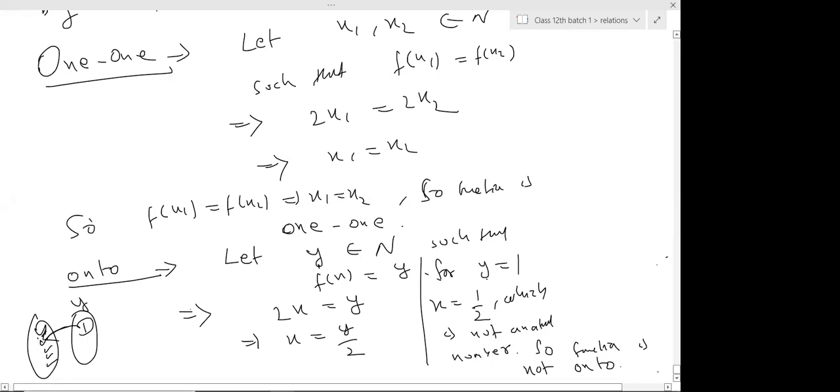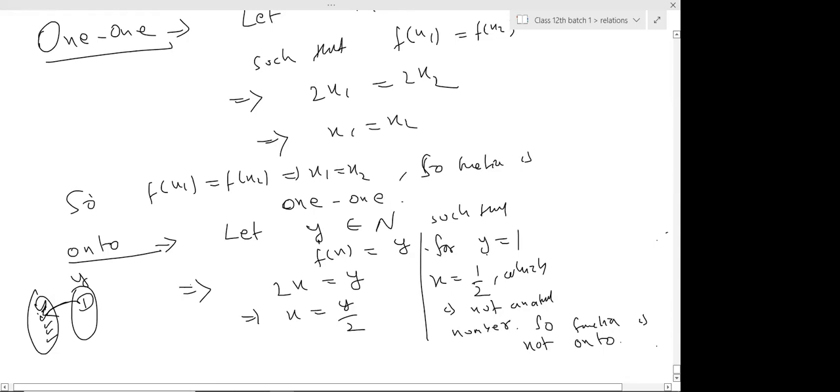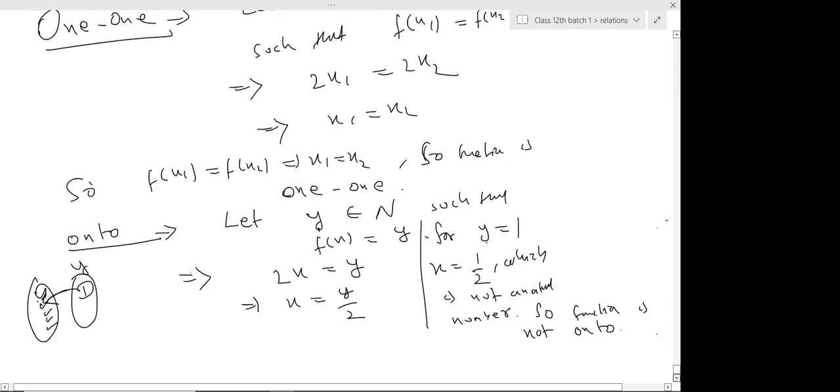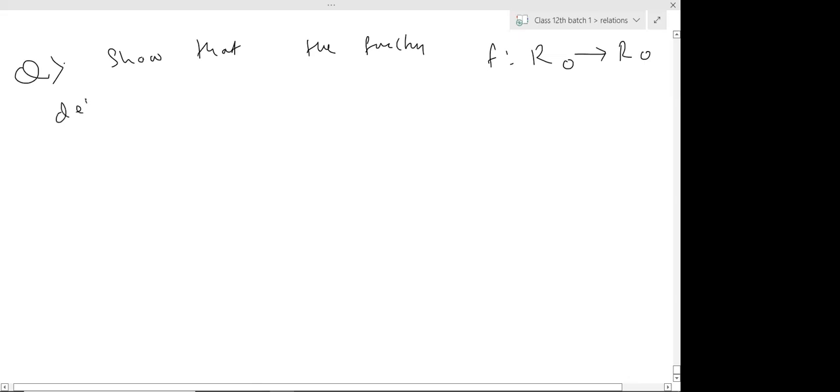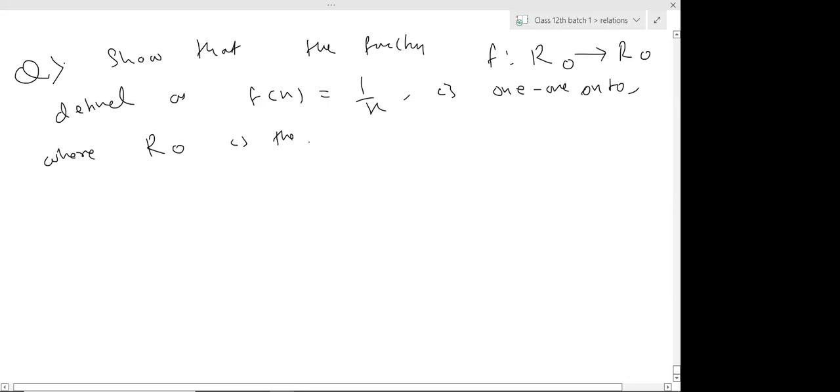All right. Next question. Show that the function f from R0 to R0 defined as f of x equals 1 upon x is one-one and onto, where R0 is the set of non-zero real numbers.